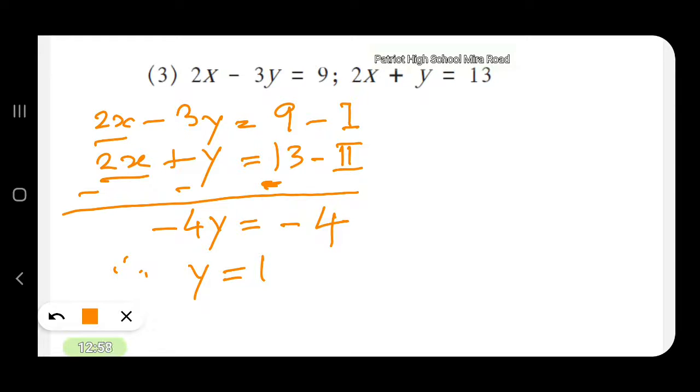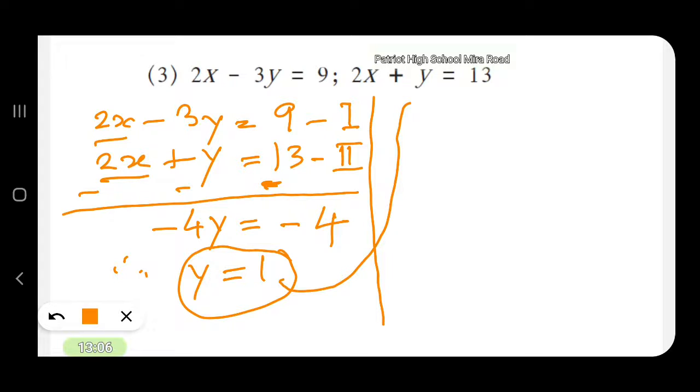Now substituting the value of y, we will select equation number 2 for the purpose, because here we don't have to do anything, just substitute the value. So we have 2x + 1 = 13.